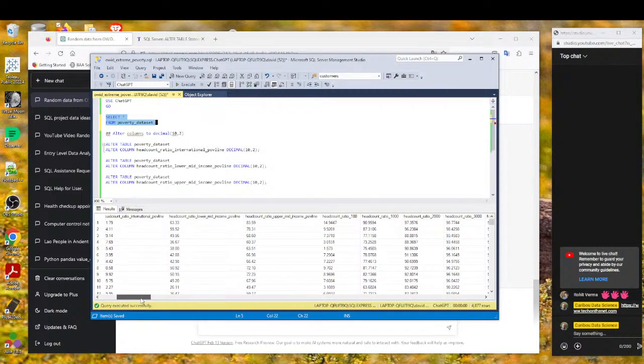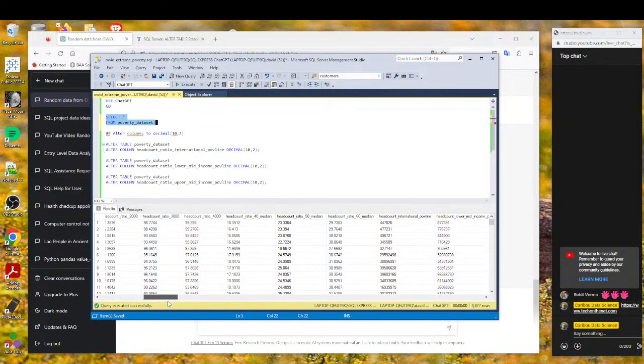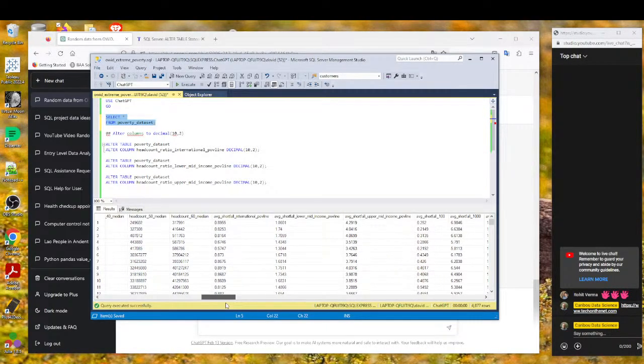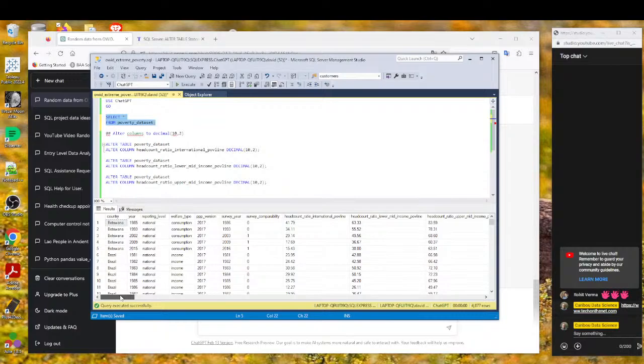As you can see, there's lots and lots of columns over here. Can you imagine if we took that and pivoted that longer so we have one row for each country for each year and for each column type?